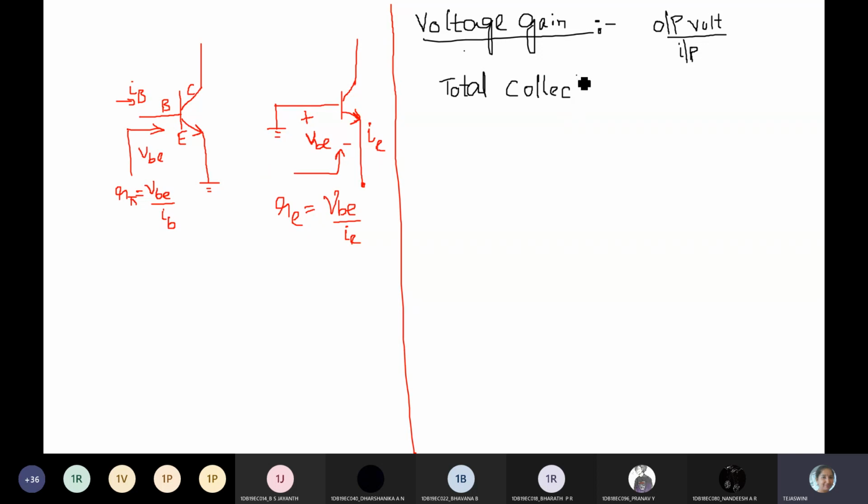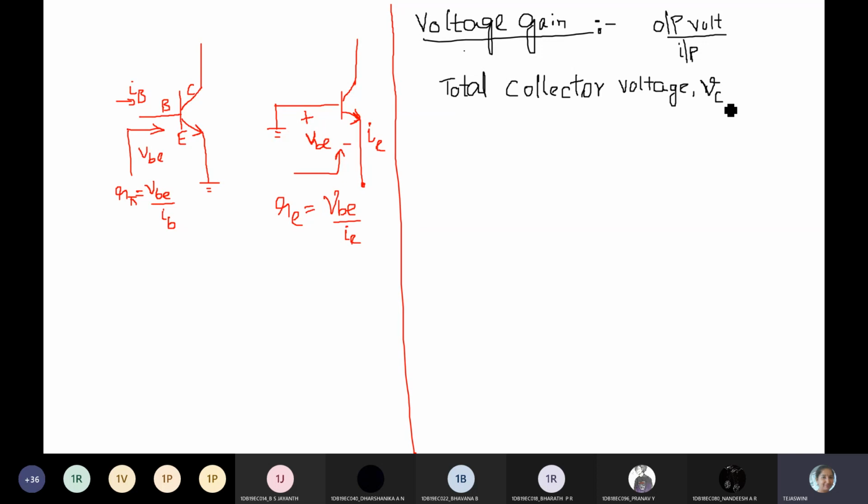We should be careful with the notations. For the total collector voltage, which V should we write? Small v or capital V? Small v, capital C. Yes. So it is tilted v with C.